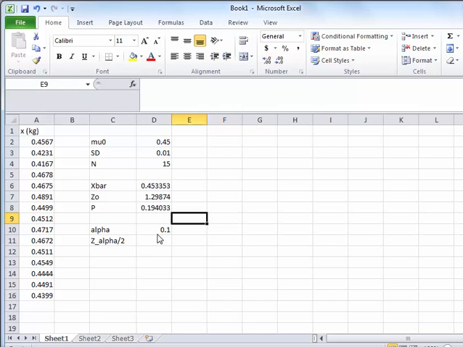But there's another way, and some would say that this is more accurate, to determine whether or not we want to reject or accept the null hypothesis, and that's by doing this z alpha over 2 value.